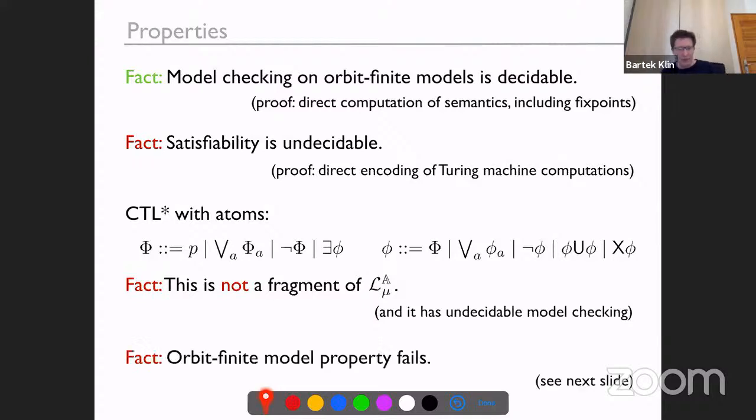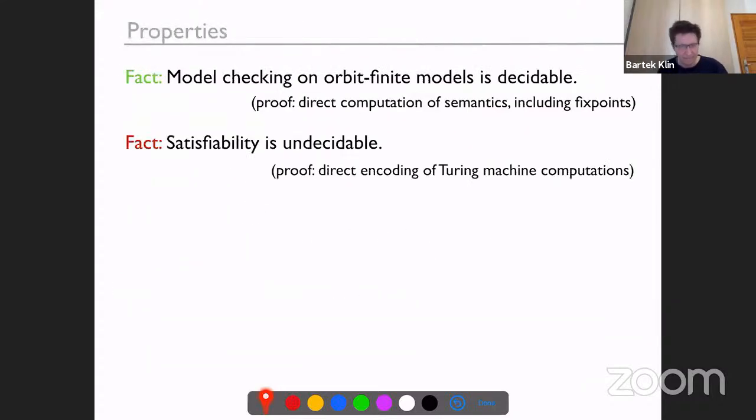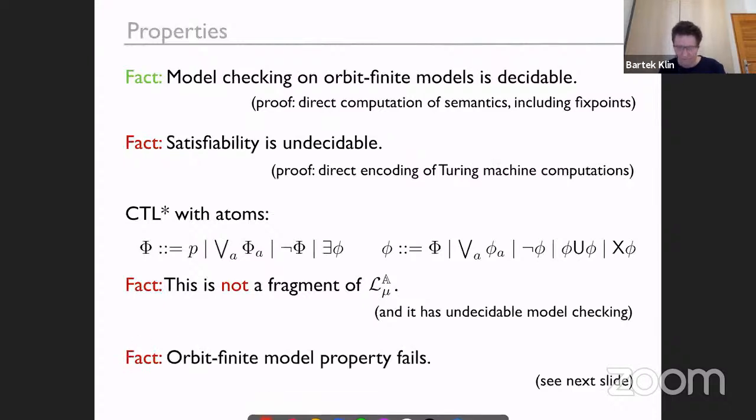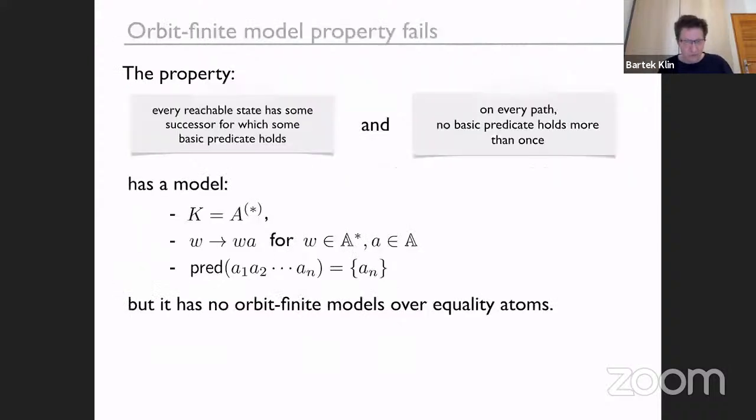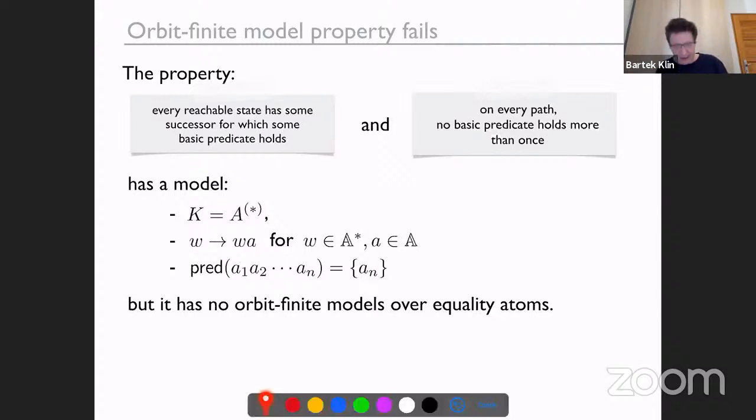Also, the orbit finite model property fails. So there is no hope of a finite model property for this setting, that's clear. But you would hope for an orbit finite model property, but it's not true. And this is an example. The conjunction of two properties that I showed you three slides before, in particular, look at this one. On every path, no basic predicate holds more than once.